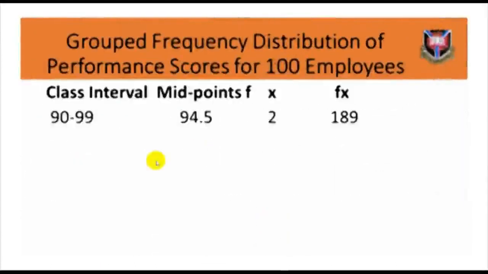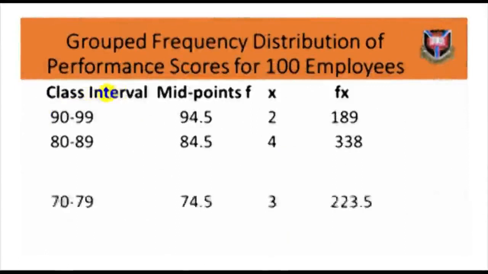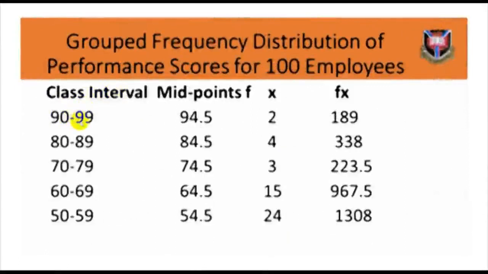Look at table 10.2. Two employees scored between 90 and 99. Since the individual scores of the employees is lost in the course of grouping, we assume that two employees scored 94.5, this being the midpoint for the interval 90 to 99.